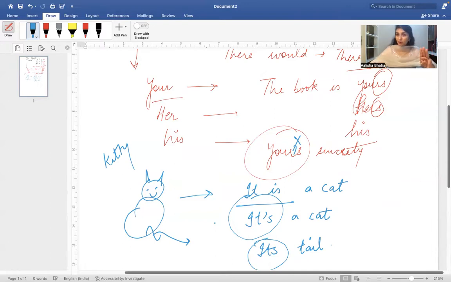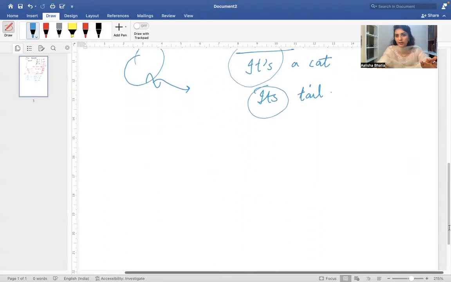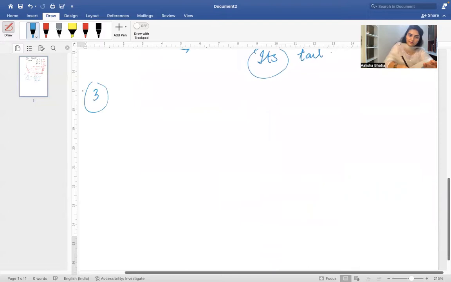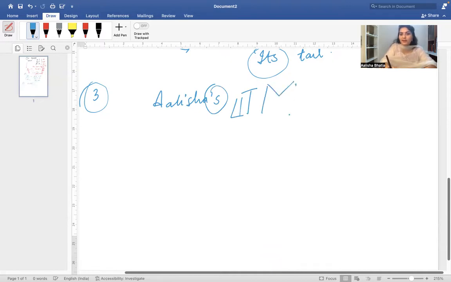The other use, when we talk about possessive apostrophes, is when we are using it with nouns. For example, Alisha's book. I have used my name, I have put an apostrophe, and this is my book. Sorry for the drawing. So Alisha's is a noun, and with a noun, I have used an apostrophe.